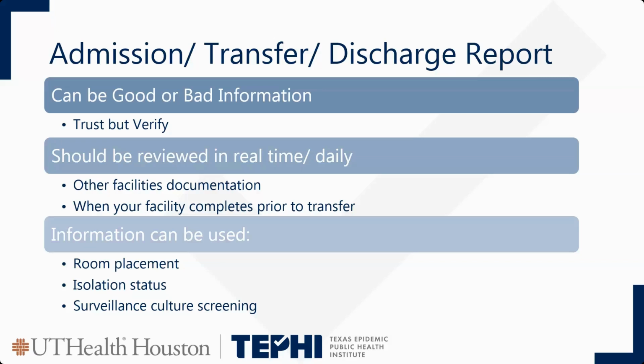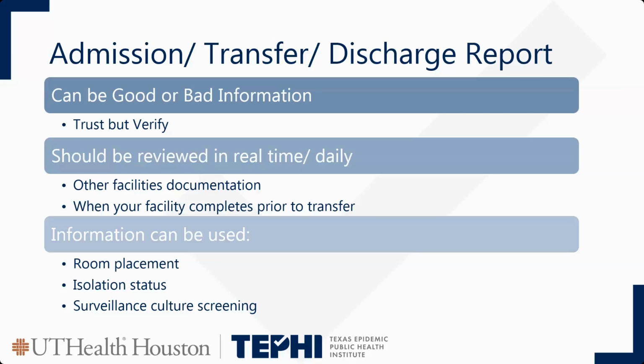With this information, you can initially place them in a single room with contact isolation and then order specific cultures, and maybe look at whether it is possibly in the urine or the blood, while you're gaining more information and solving this missingness.